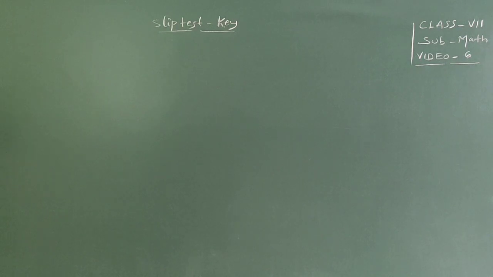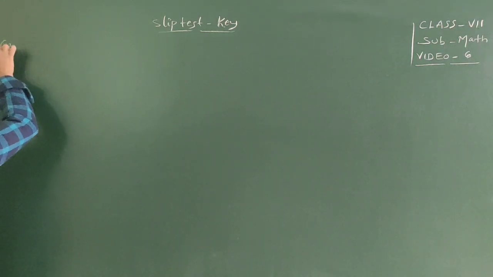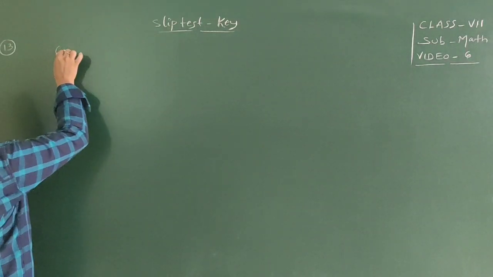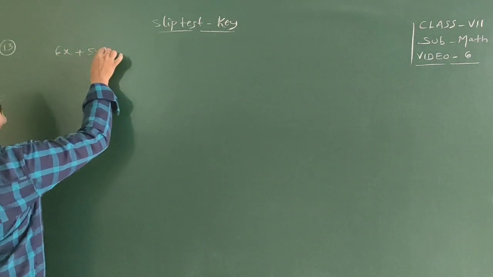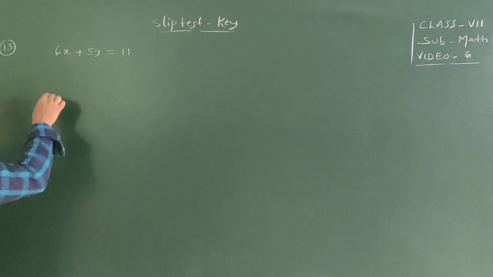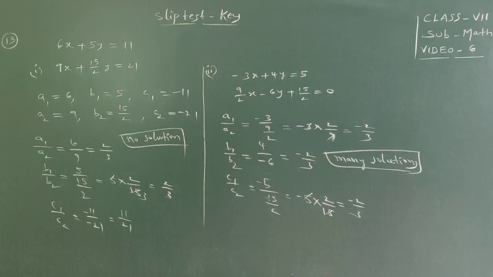Infinitely many solutions means A1 by A2 equals B1 by B2 equals C1 by C2. Here, 6x plus 5y equals 11, 9x plus 15 by 2 y.